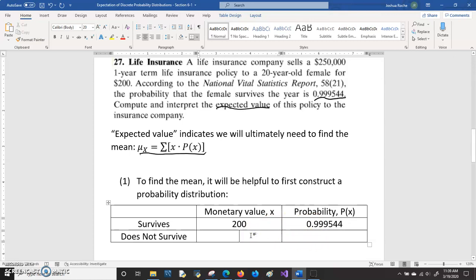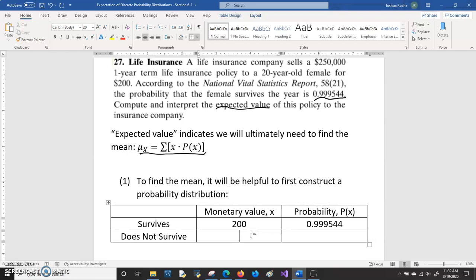In the other case, if something were to happen and she died that year, the insurance company would pay $250,000 to her family. So from their perspective, they would be losing $250,000, and they would still have the $200 that they obtained originally.